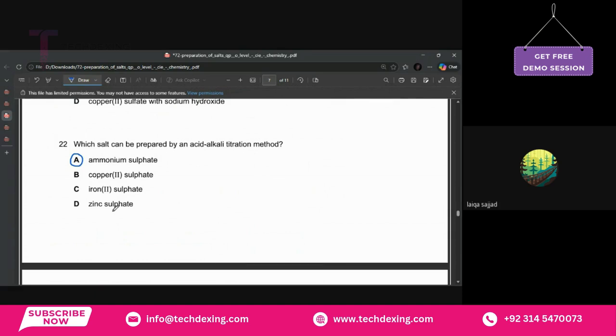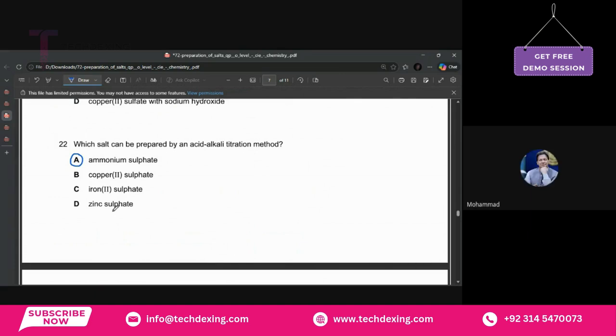It is usually prepared by reacting sulfuric acid with copper oxide or copper carbonate. Very good. And the bases are insoluble solids. So which method will we use? The excess base method will be used for copper sulfate, not the titration method.